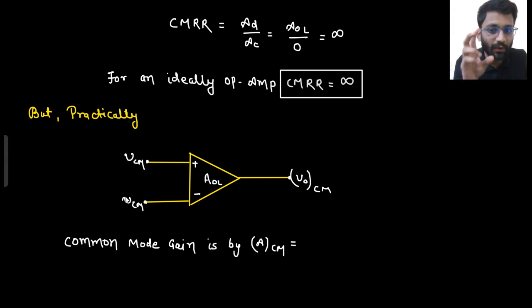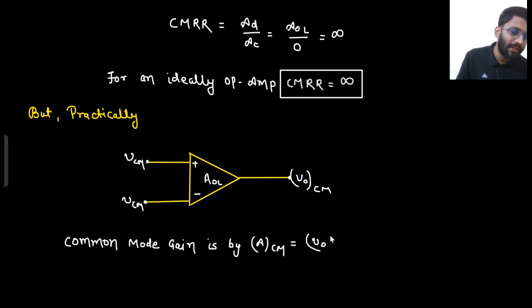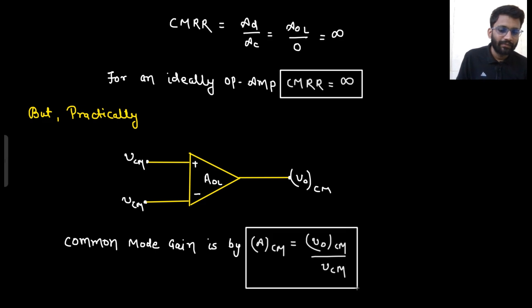Then how will you define your common mode gain? You will define your common mode gain as the common mode output that I get divided by my common mode input. That's it. You don't need to think anything. That will be your output. Did you understand this point or not? Even if I apply the same voltage at inverting and non-inverting terminals, still I am not getting zero output.